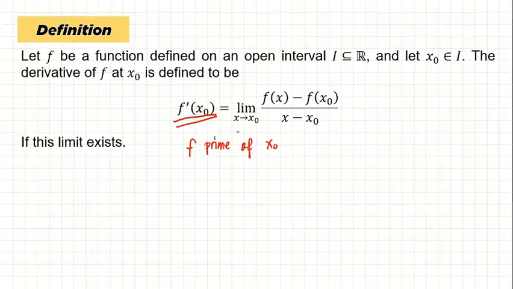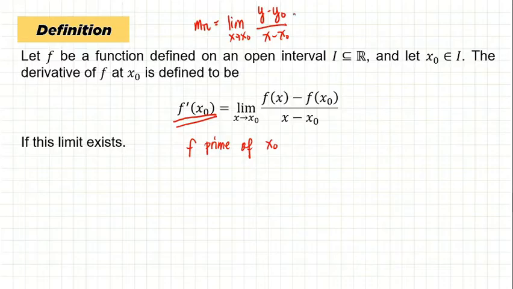Now, as you can observe in the formula, it looks familiar. If you can still recall the formula in finding the slope of the tangent line, m sub TL is given by the limit of y minus y sub o all over x minus x sub o as x approaches x sub o.